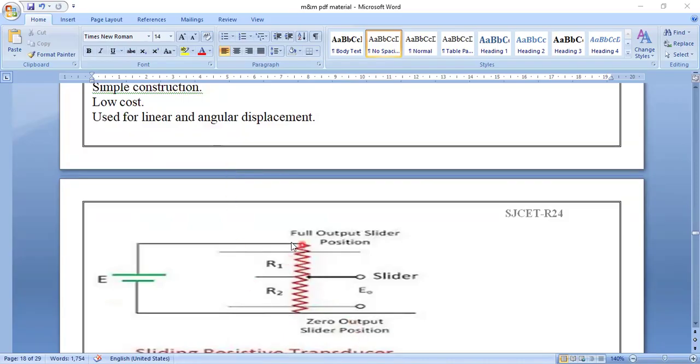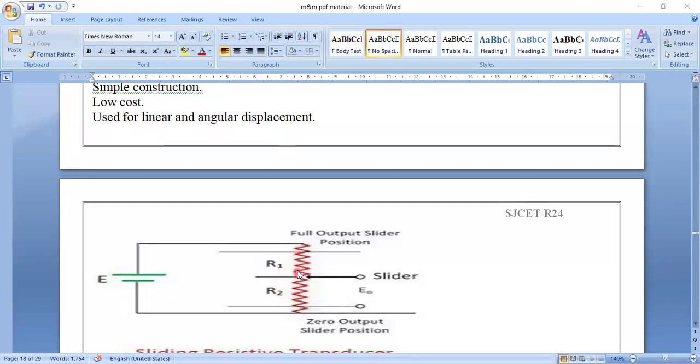So here resistance 1 is there, resistance 2 is there. Here you have a slider, with full output at one slider position and zero output at the other. If any displacement is made, it is recorded by these resistors.